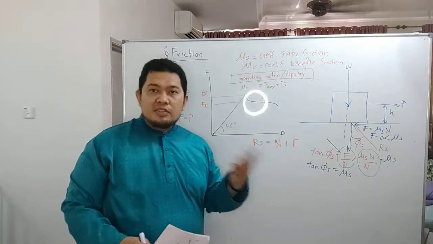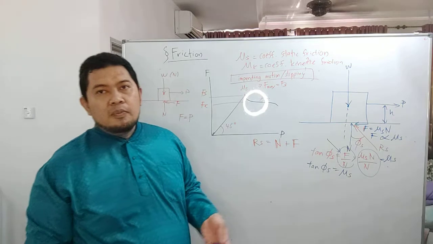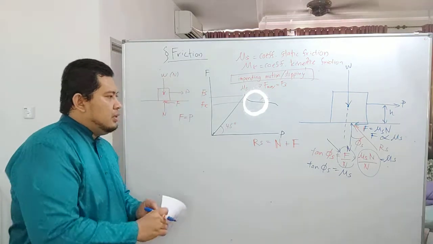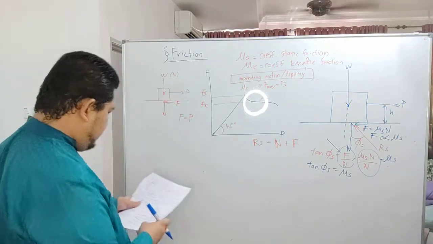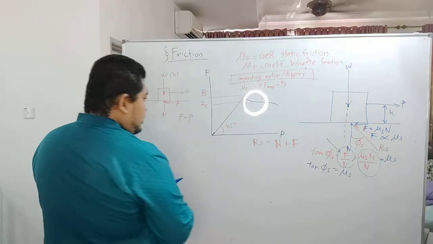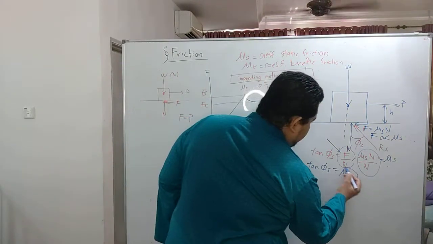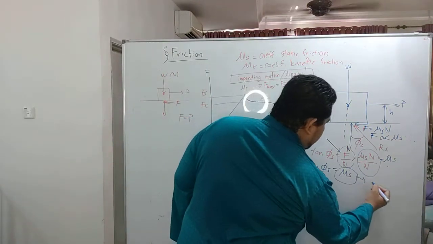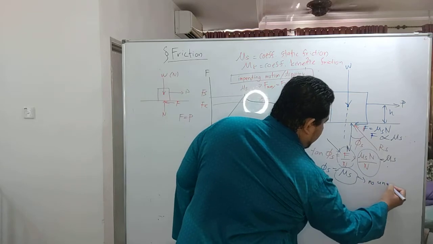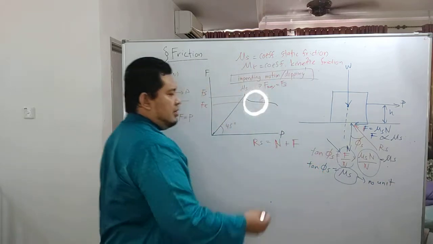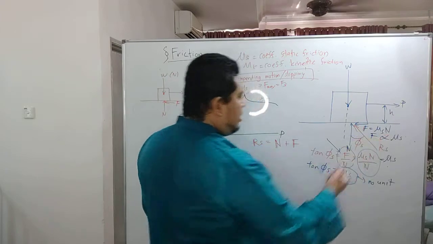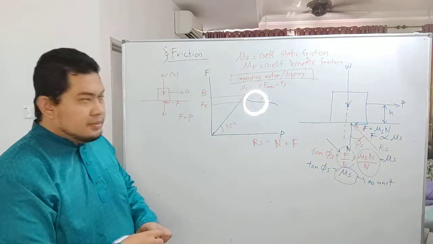So the friction force is much bigger compared to the normal force. Remember, this mu S has no unit, no dimension, because it is a ratio, so you have no unit.